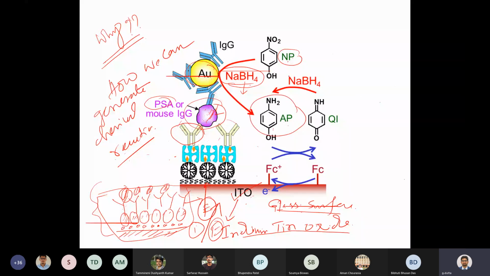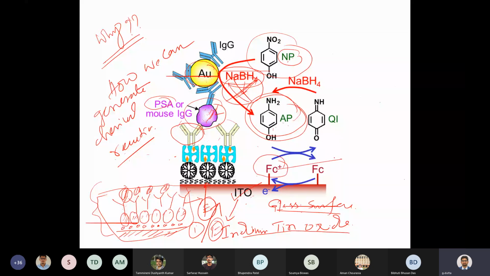So it will be reduced to AP with the help of sodium borohydride if your solution contains gold nanoparticles. If you do not have gold nanoparticles, then this reaction will not be feasible. Now if you have aminophenol, this AP will react on the surface. Here I use the FC plus.